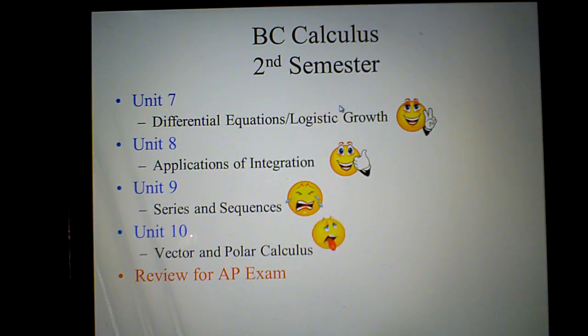Vectors and polar calculus, it's not terribly difficult, but it's very, very algebraic, just like series is. And kids are tired at this point. We're usually rushing because of snow days and field trips and spring break and all that kind of stuff will crunch our time.